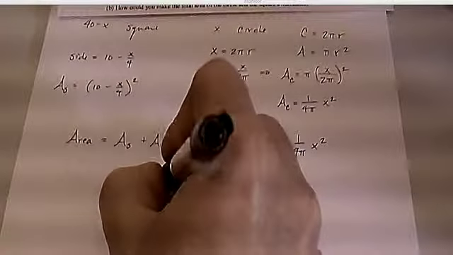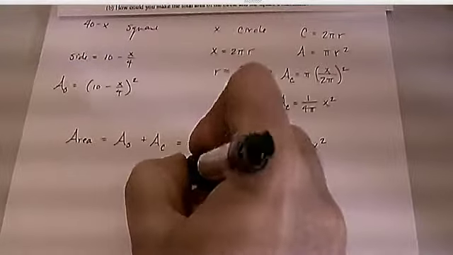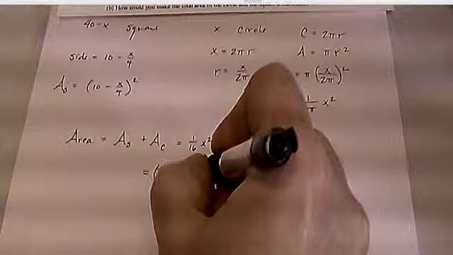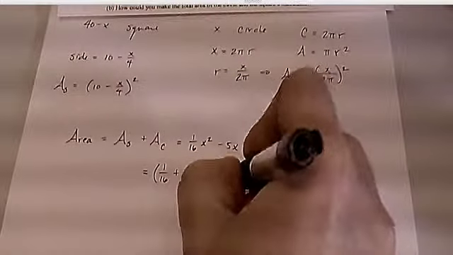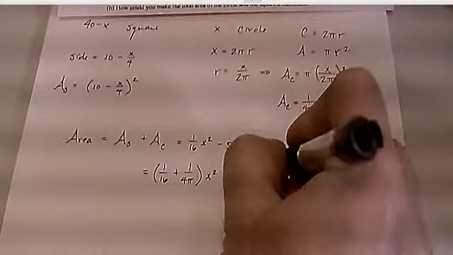Obviously, those 2 quadratic terms can be combined, and I have 1 over 16 plus 1 over 4 pi as the coefficient of x squared, minus 5x plus 100.